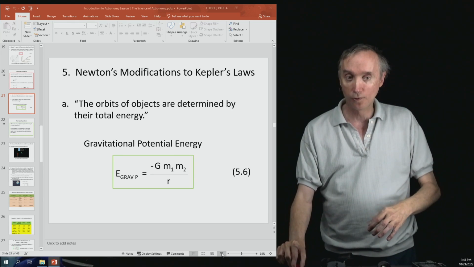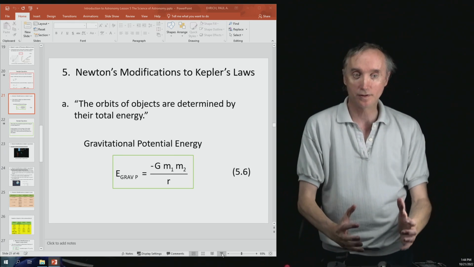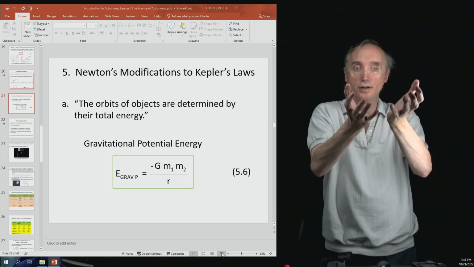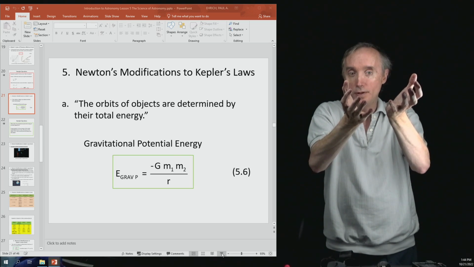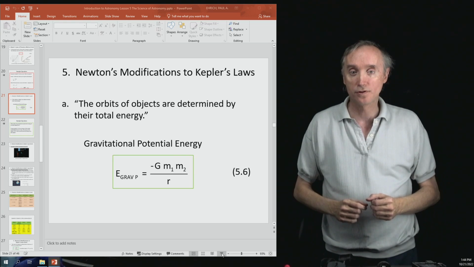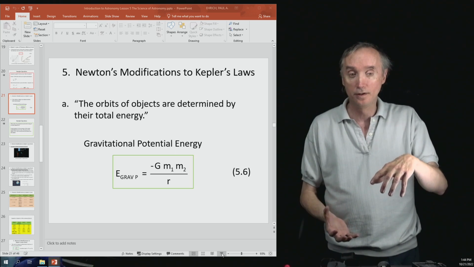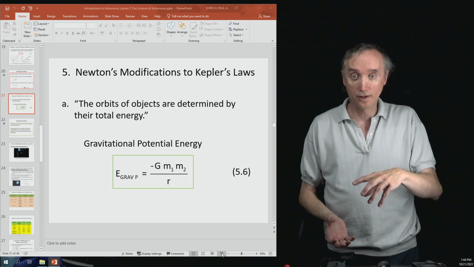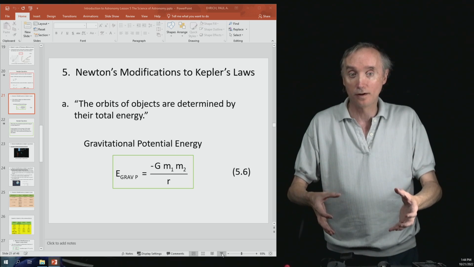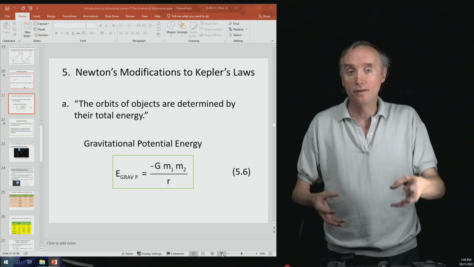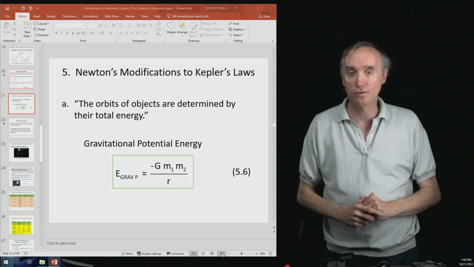Now, let's try it with a bowling ball. It takes a lot more energy to lift that bowling ball because it has more mass. So you see the formula depends on the mass of the thing that it's in orbit around. It also depends on the mass of the other object, and then it also depends on the distance between them.